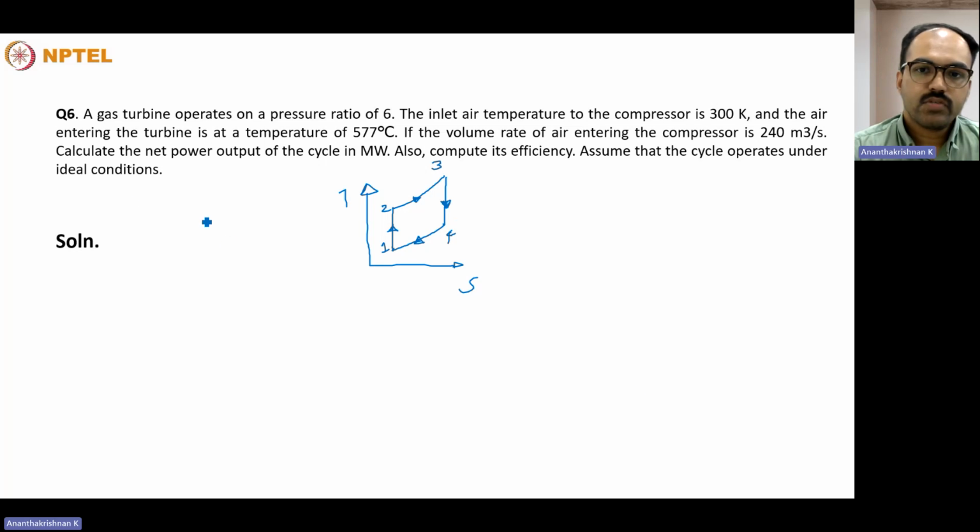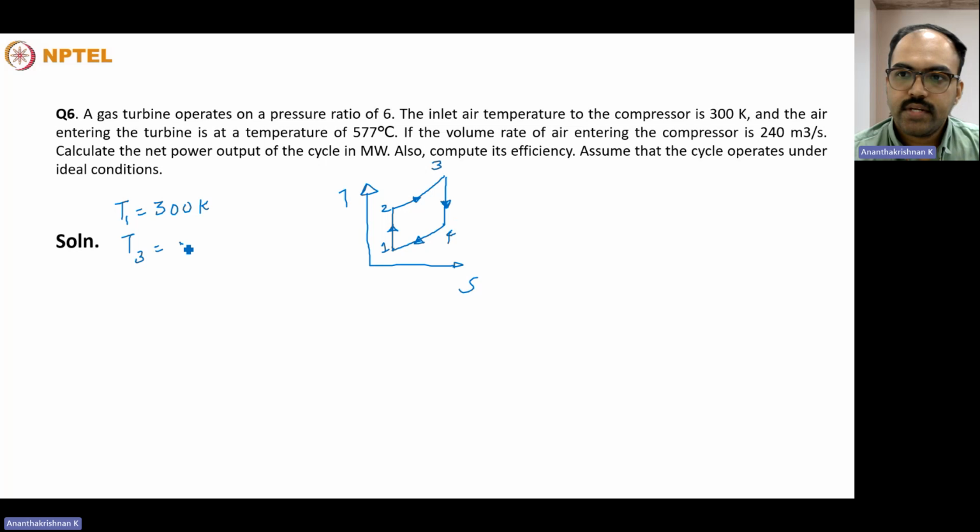We start from the values that are available. That is, the inlet temperature is 300 Kelvin, and the maximum temperature is T3 after the heat addition, that is 577 degrees Celsius, which is 850 Kelvin.